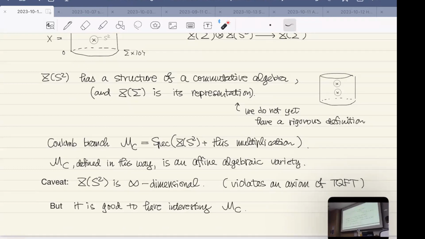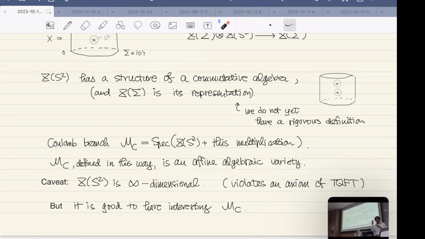But in fact, already here, I didn't explain properly, but from the axioms of topological quantum field theory, you get basically the figure which I drew here. You consider the cylinder and bend it into the two boundaries, the cobordism between the two boundaries and the empty set.